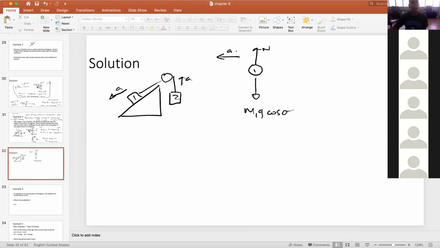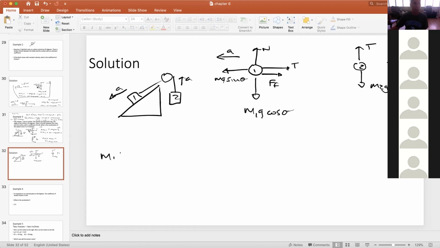So I'm going to choose a to be that way. This is still mg sine. There's still a tension, but now the force of friction opposes that. And for 2, still m2g, but now a is up and tension is up.